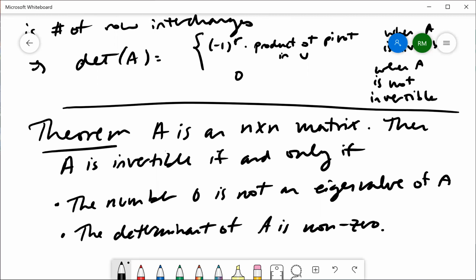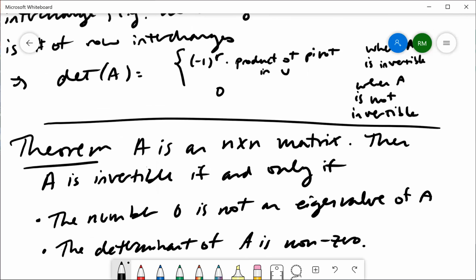So we already knew that A was invertible if and only if the determinant of A was non-zero. So now we just need to know that the determinant of A being non-zero is the same as the number 0 not being an eigenvalue of A.